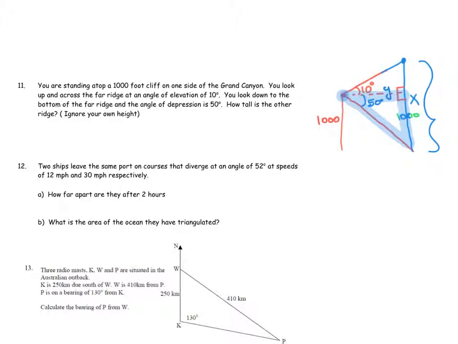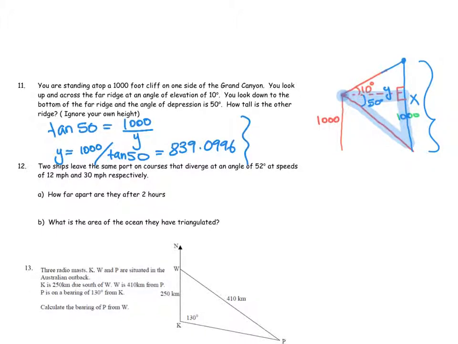Tangent of 50 is the opposite side, which is 1,000, over the adjacent side, which is y. So y is 1,000 divided by tangent 50. And that will give me 839.0996. So I just found this side over here.